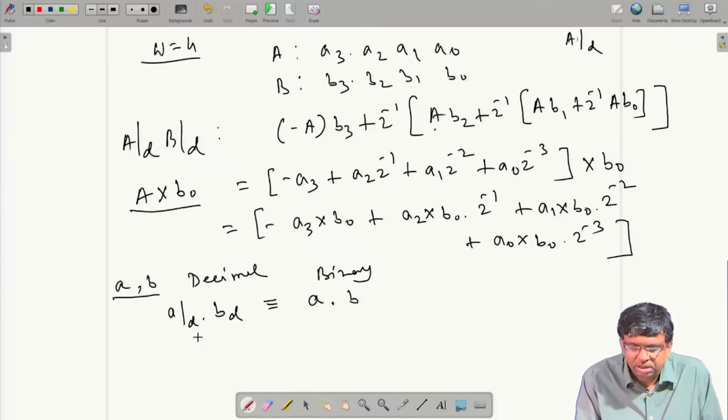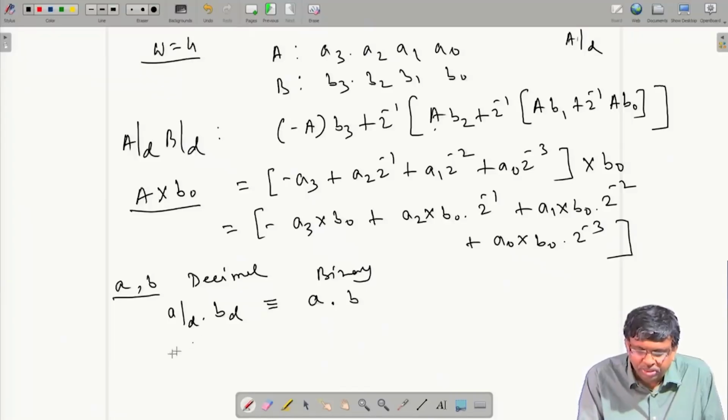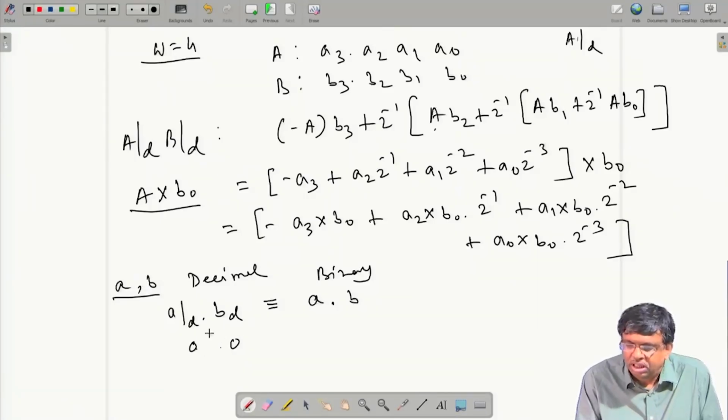You can easily see, suppose a and b both are 0. So, decimal a is 0, decimal b is 0. So, the left hand side is 0 into 0, decimal 0. Here it is binary 0, and 0 AND 0 gives binary 0, its decimal value will be 0. So, that is satisfied. Suppose this is 0, this is 1.